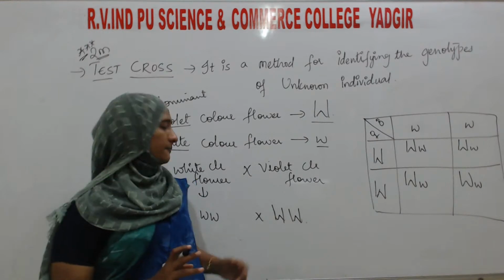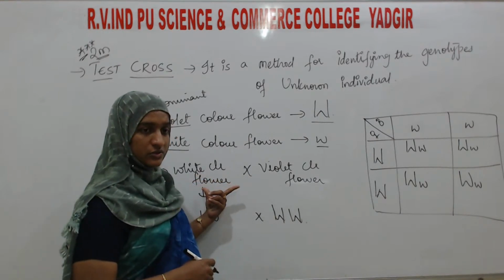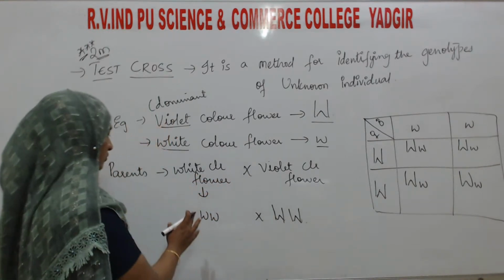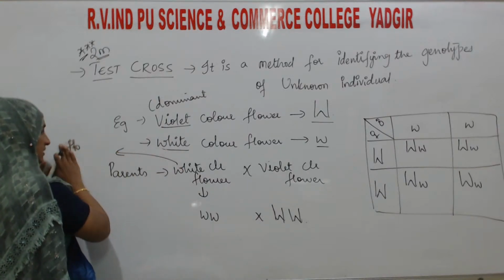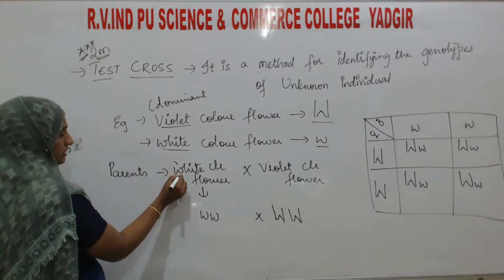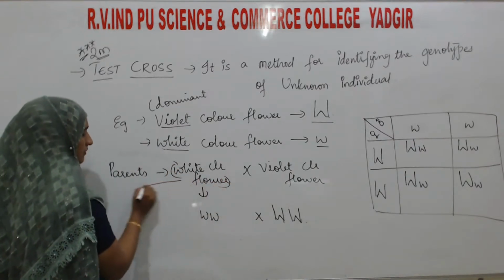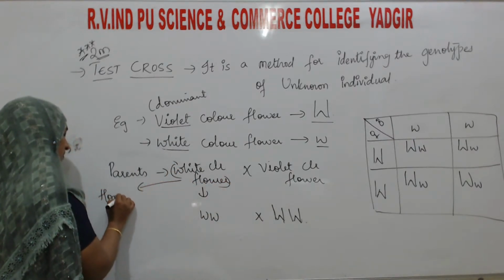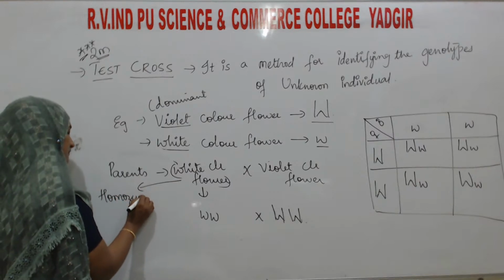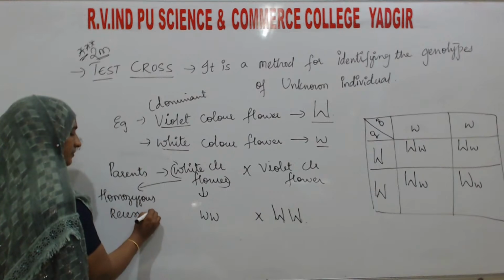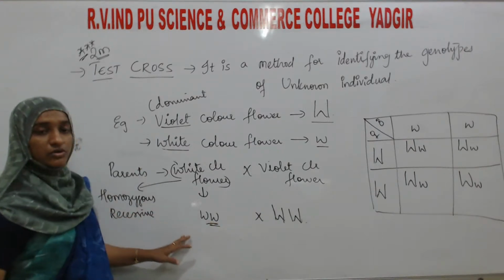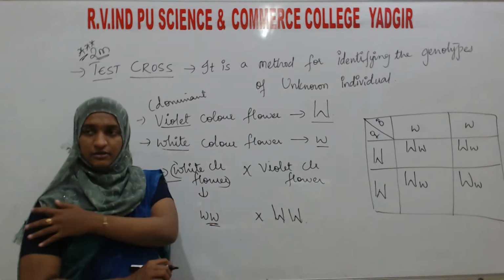Listen carefully. They crossed a white color flower. This white color flower is homozygous recessive, because both are written in smaller letters.